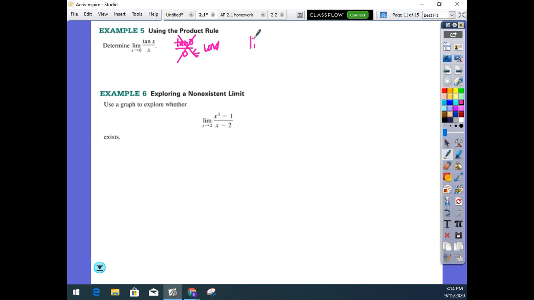All right, let's think about the general tangent identity. In general, tangent equals sine of x over cosine of x. So we're going to do a substitution. So instead of tangent of x, I'm going to write sine of x over cosine of x.